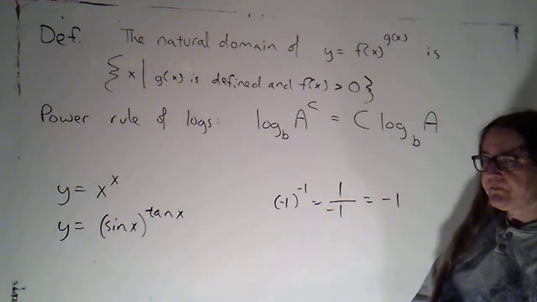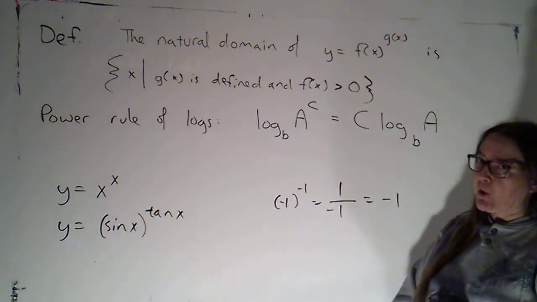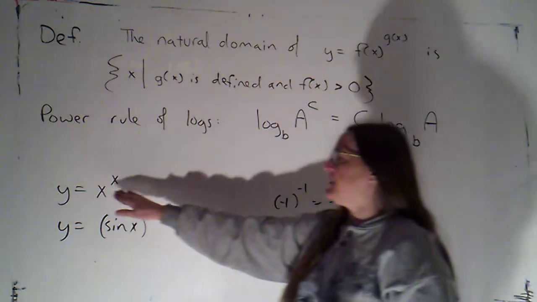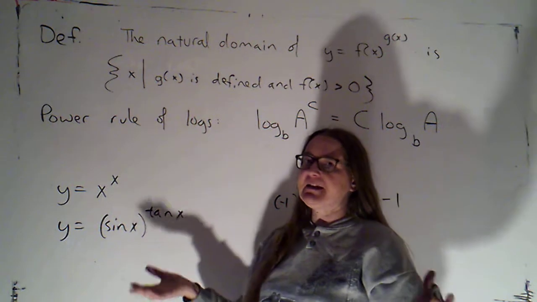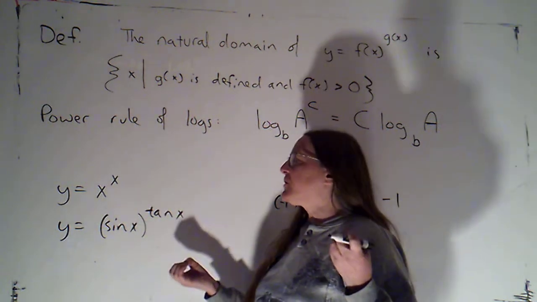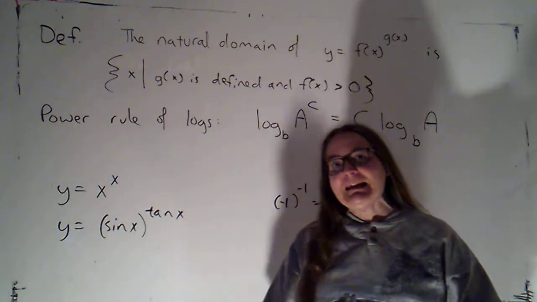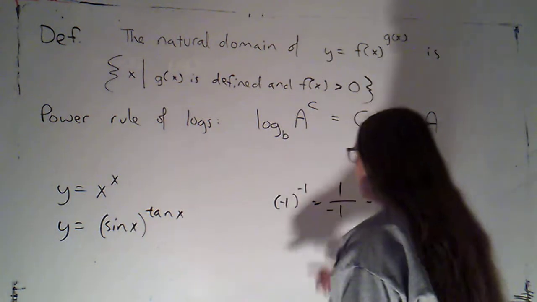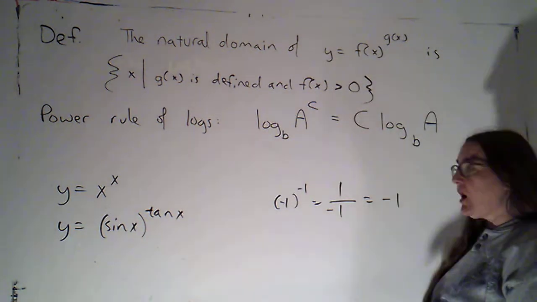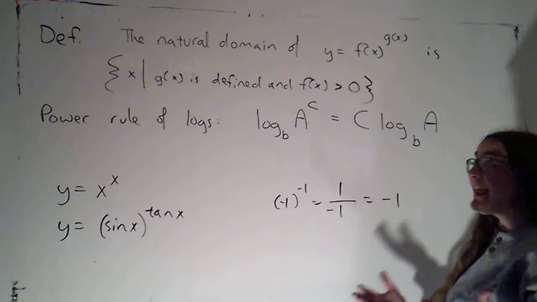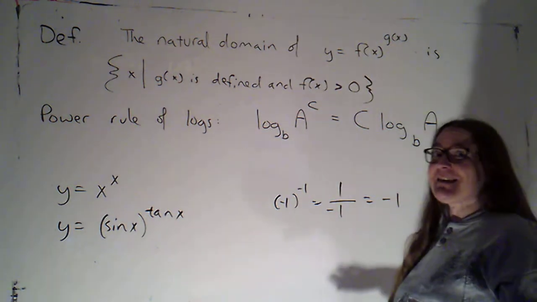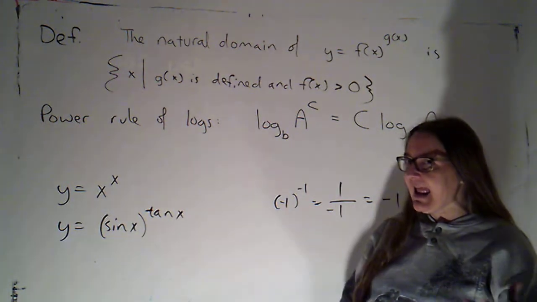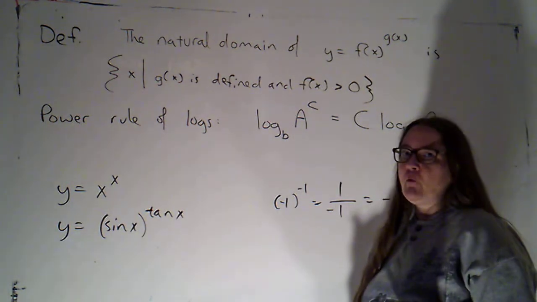because that is not part of the domain. The reason for that is that if we allowed negative numbers in the base, we start to get a mess, because we're not allowed to take even roots of negative numbers. So, while this makes perfect sense for negative 1, it wouldn't make sense if I had negative 1/2, because that would be the reciprocal of the square root, which I can't take, of negative 1.